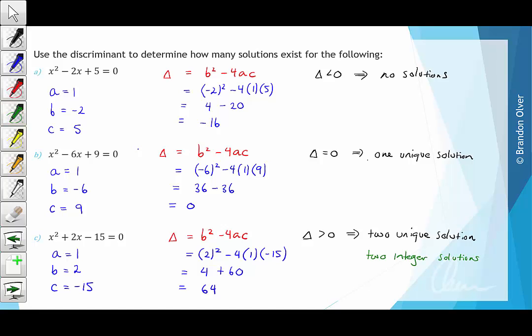And in this case, and you can check on a calculator or by hand, it will be x equals negative 5 and x equals 3. So we have integer solutions wherever this number for delta is a perfect square number.